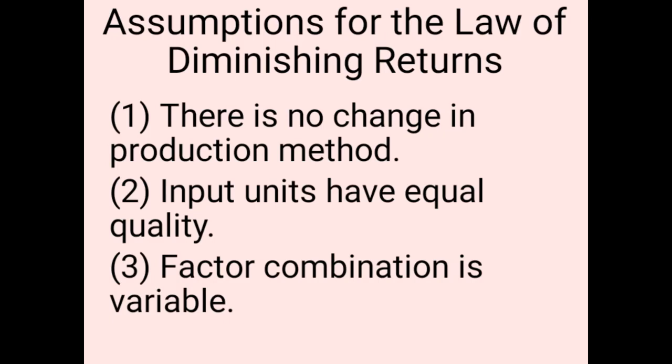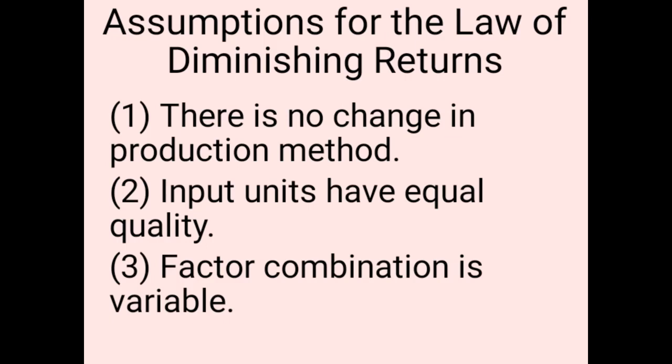So this means that factor combination is variable, that is, changeable. Suppose one machine plus 5 laborers produce 4 quintal sugar. Here it is given as an example that if we have one machine and 5 laborers, then we are producing 4 quintal sugar. But one machine plus 4 or 6 laborers are combined.